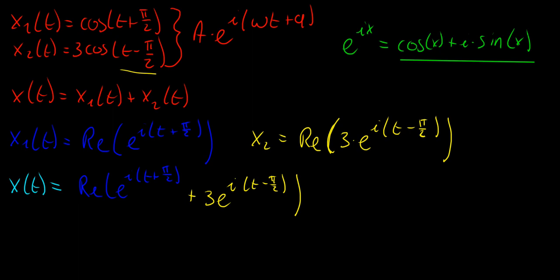And we can add these real parts together effortlessly because they are both a real part. So if I have the real part of the one and the real part of the other, if I add them together, I'm still looking at the real part of our number.